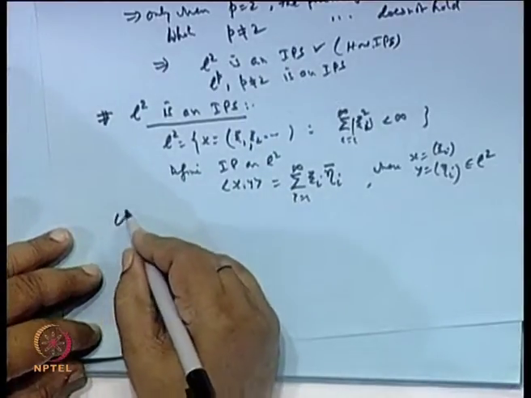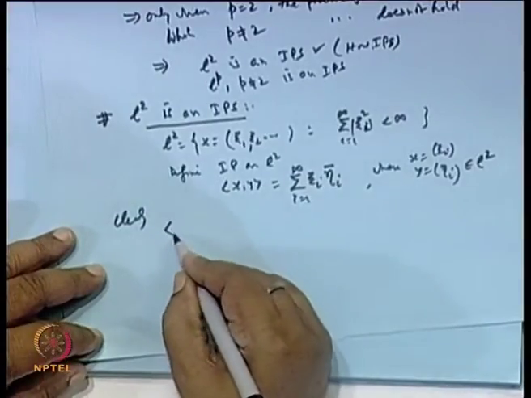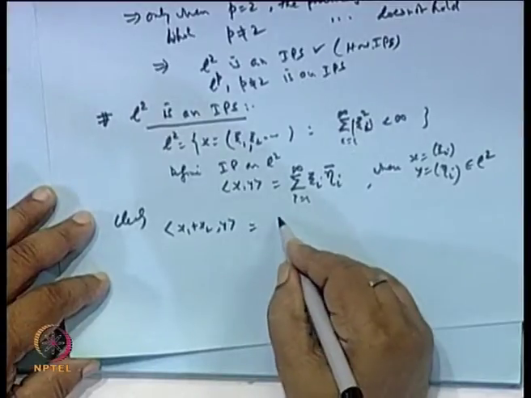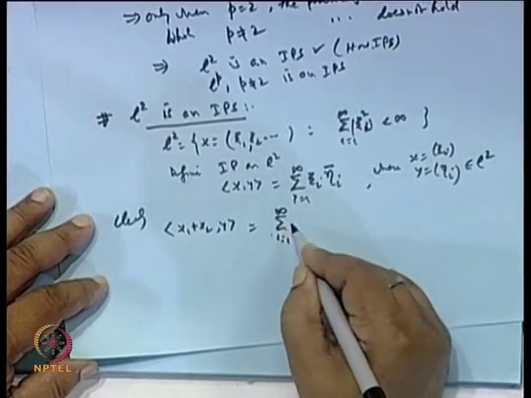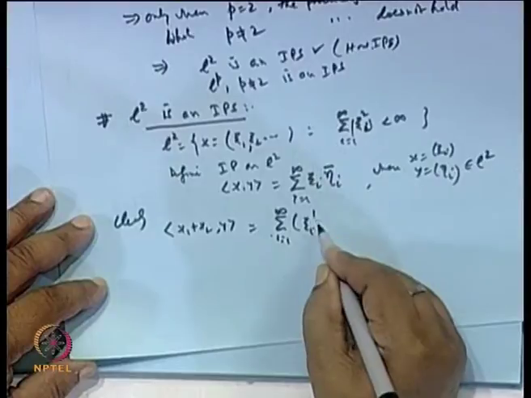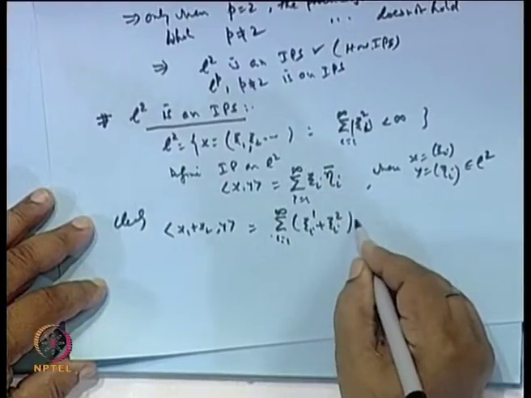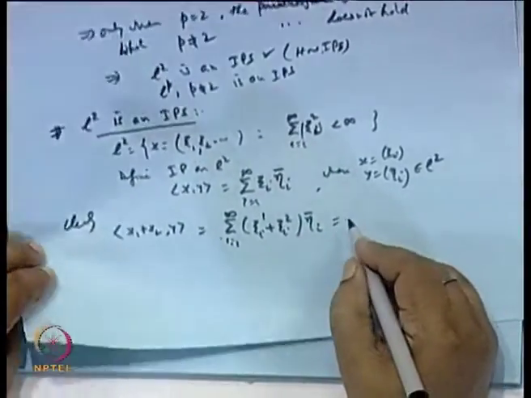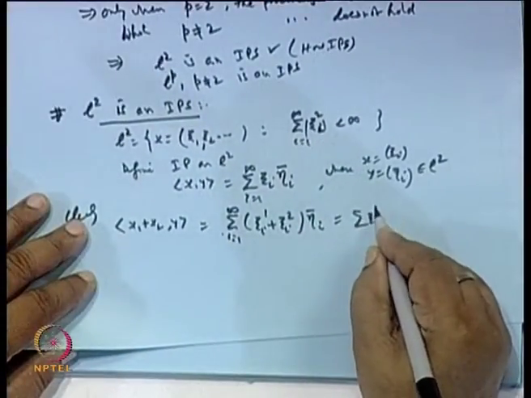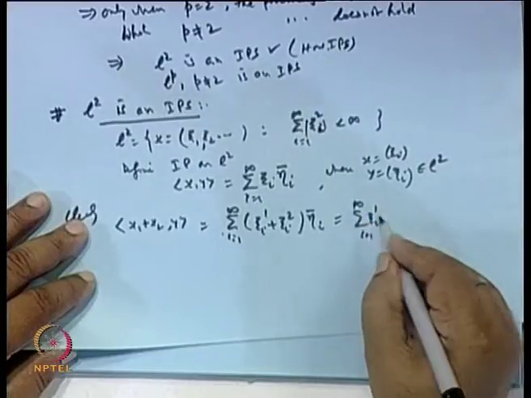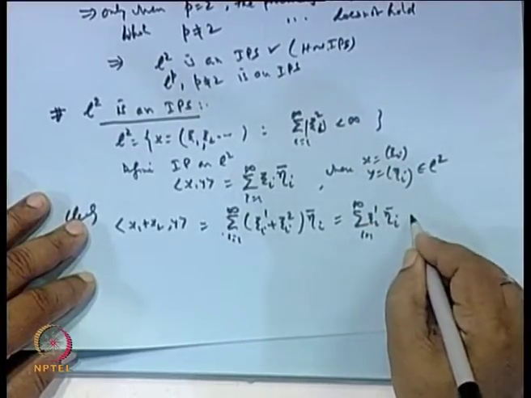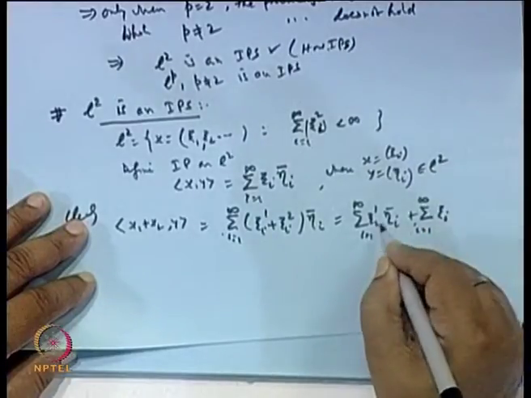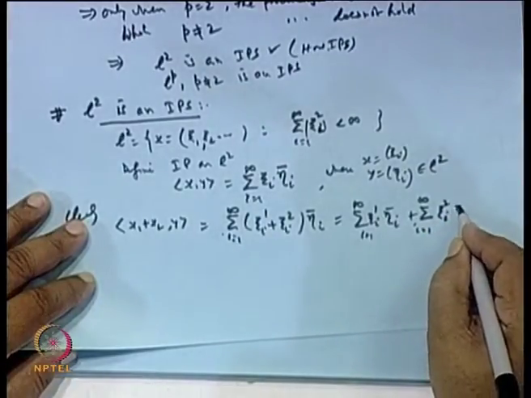So, clearly the inner product of x1 plus x2 with y will be equal to sigma from i equal to 1 to infinity of (xi1 plus xi2) eta i bar, okay, and that can be written as sigma xi1 eta i bar plus sigma xi2 eta i bar.